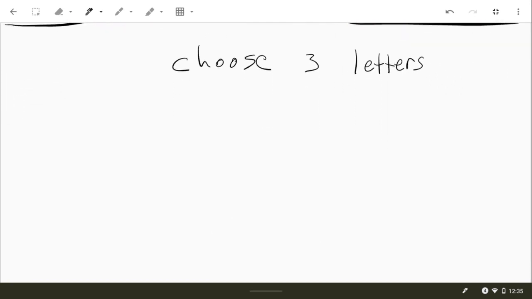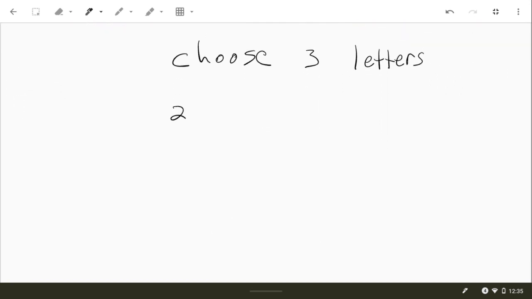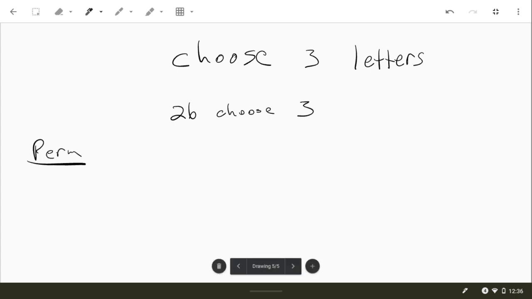All right, so let's do this problem here. We're going to say 26, choose 3. On the permutation side, the notation would be 26 nPr 3.